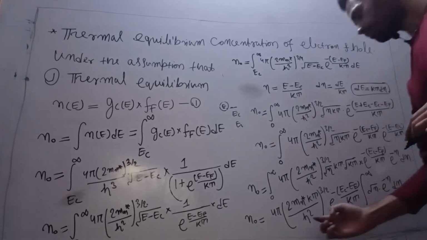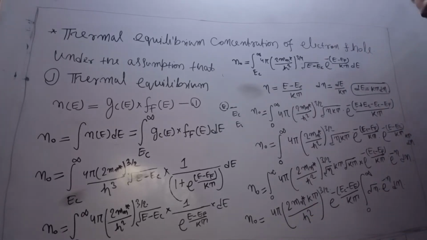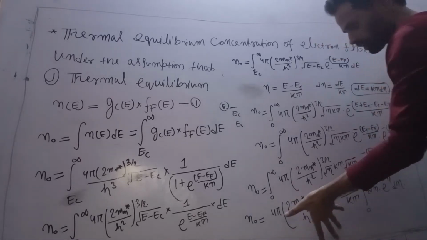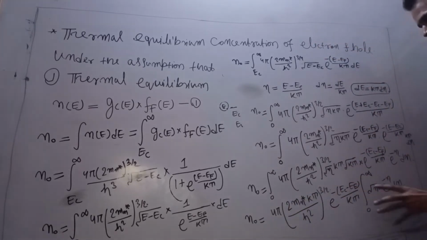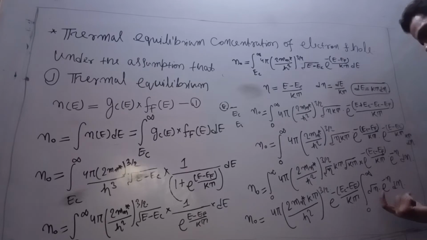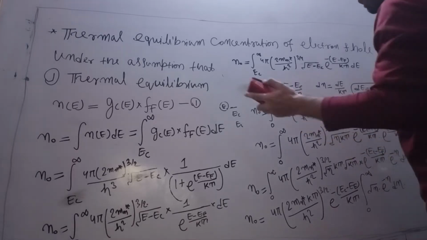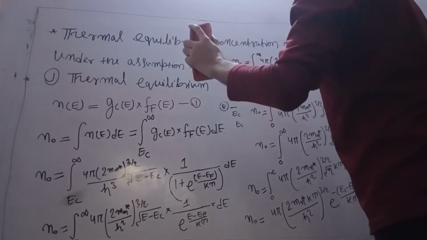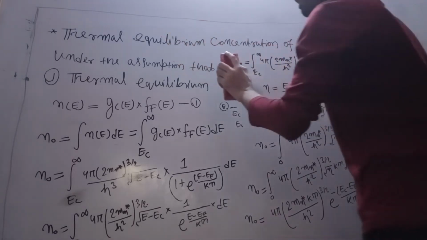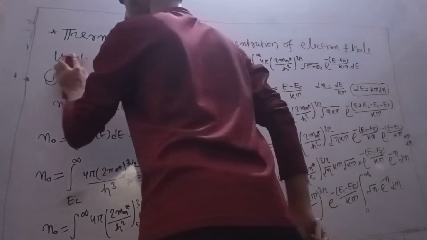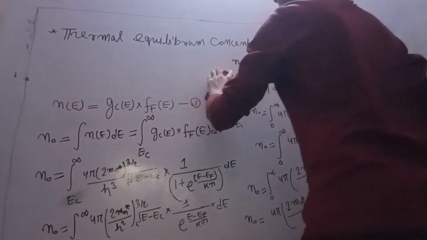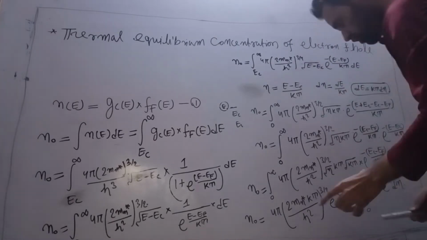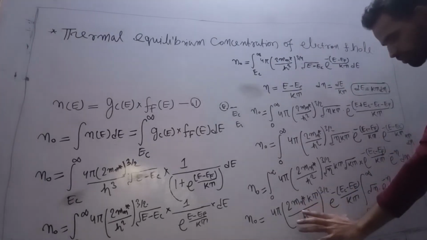So this whole factor is constant, and we are left with this. This is nothing but gamma function. Yes, you know very well, this is the gamma function. So now where we have to go, let us rub this. So this is what we have reached up to this point.